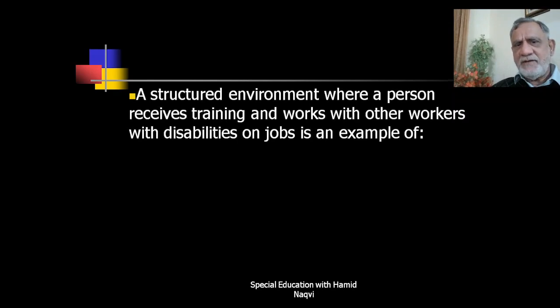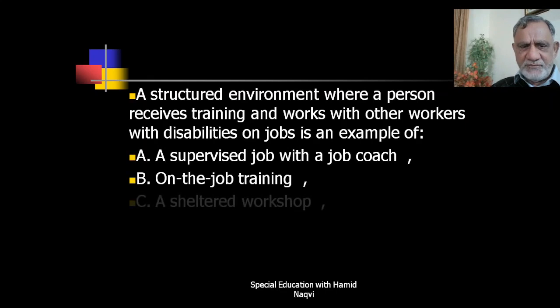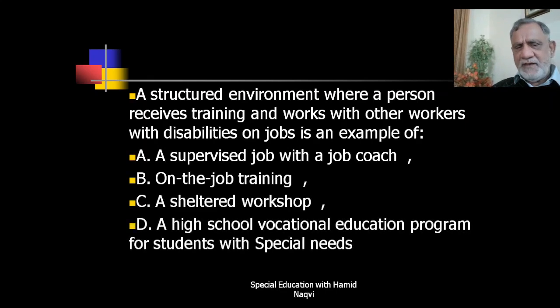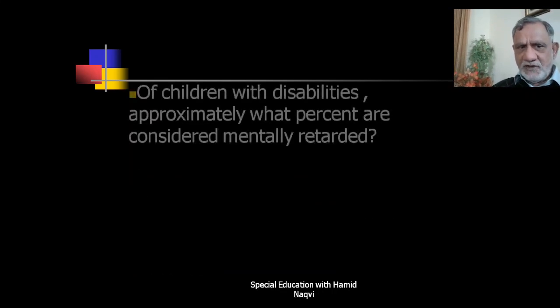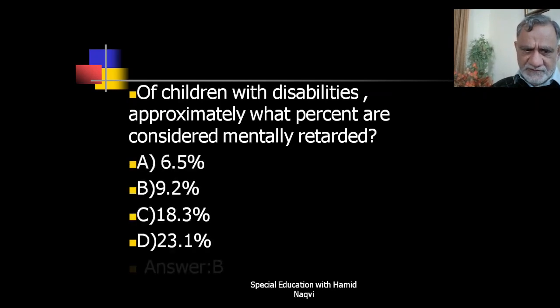A structured environment where a person receives training and works with other workers with disabilities on the job is an example of a supervised job with job coach, on-the-job training, sheltered workshop, or a high school vocational education program for students with special needs. The answer is C, that is a sheltered workshop. Of children with disabilities, approximately what percentage are considered mentally retarded? The answer is B, that is 9.2%.